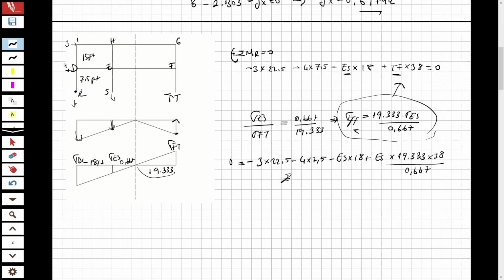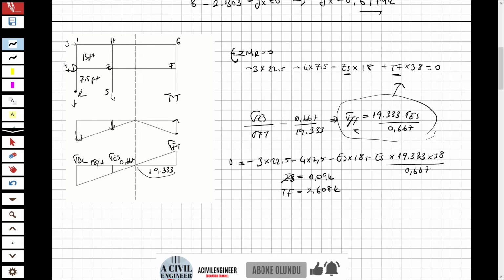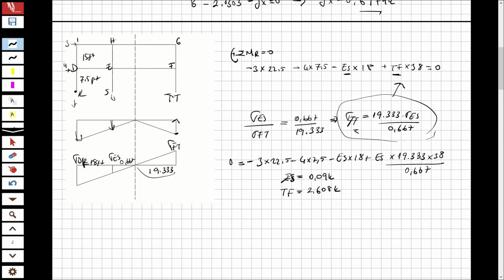And from here, ES will be equal to 0.09 kips, and TF, or FT, it doesn't matter, TF will be equal to 2.603 kips.